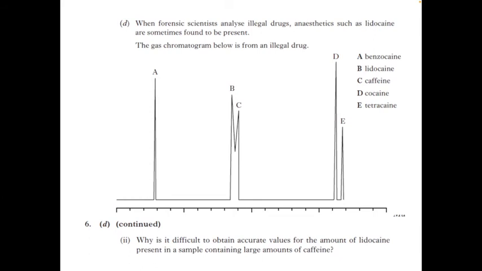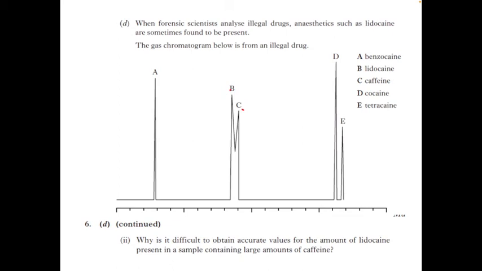Okay. Why is it difficult to obtain accurate values for the amount of lidocaine present in a sample containing large amounts of caffeine? Well, if you look here at B and C, caffeine is C and lidocaine is B. If you had large amounts of caffeine, and because its amount is basically the area underneath the peak, if it's a higher peak, then there's going to be more of it in it.